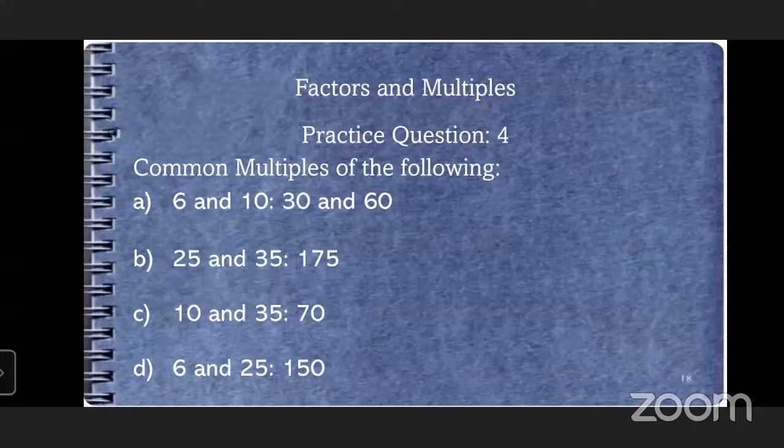And common multiple is 70. 10 sevens are 70 and 35 twos are 70. Right. Now 6 and 25. Though they don't have a common number in the first few multiples, it meets at 150. Fine.